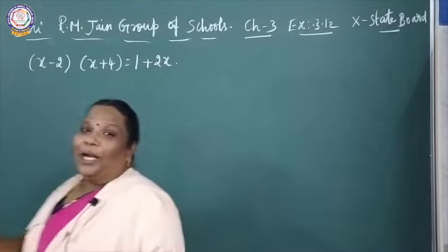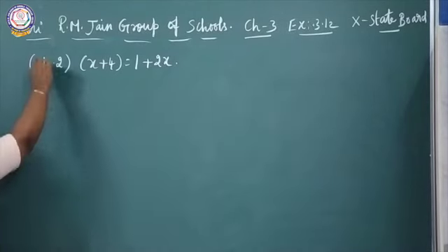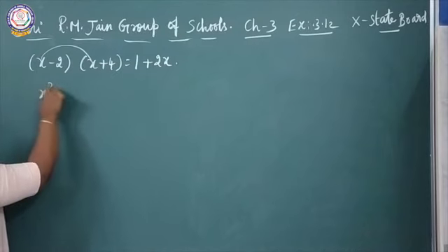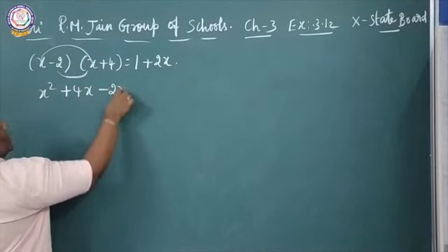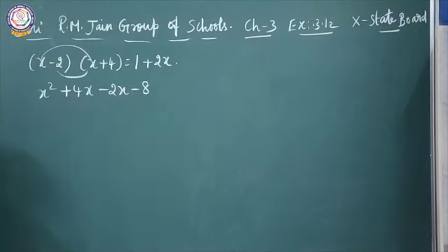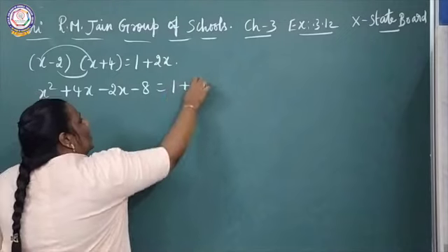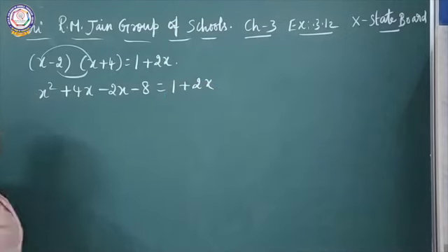You multiply: x square plus 4x minus 2x minus 8 equal to 1 plus 2x.